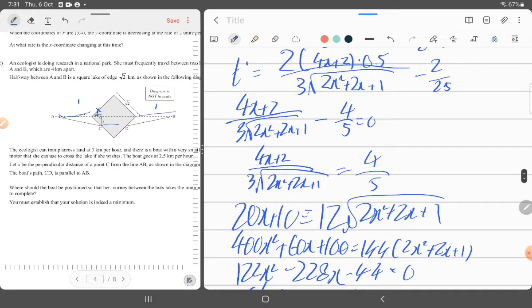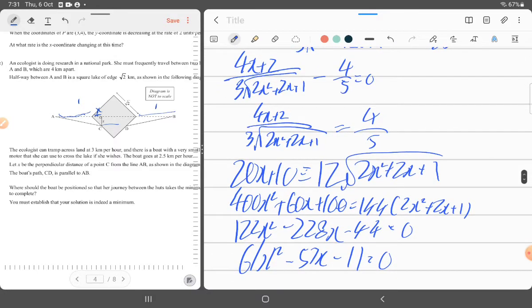So 400x squared. 20x. Wait. Oh, wait, did I go wrong? Right, 400x squared. 4x plus 2 is equal to 4 over 5, 12 squared. 20x plus 10. 20x.